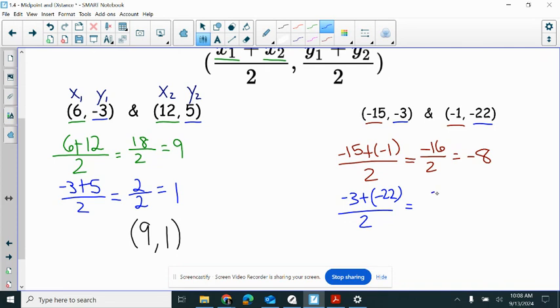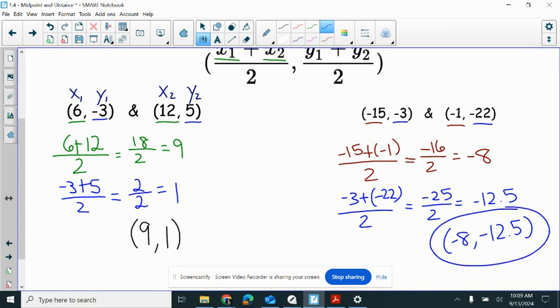So sometimes with this one, you're going to end up with a decimal. That's okay. So I get -12.5. So my answer would be (-8, -12.5). So your answer, again, is an ordered pair. So you put both numbers together in parentheses separated by a comma.